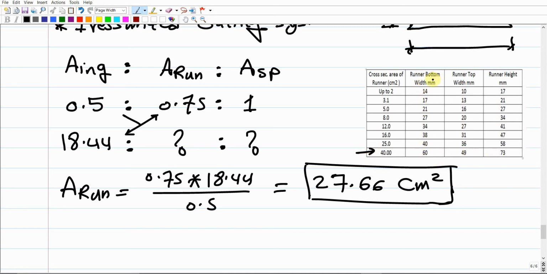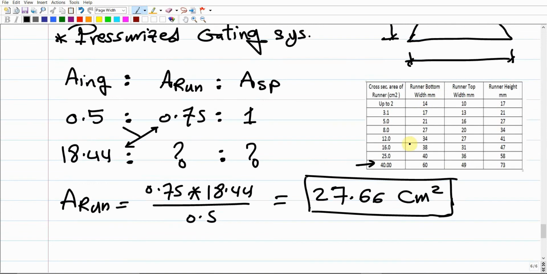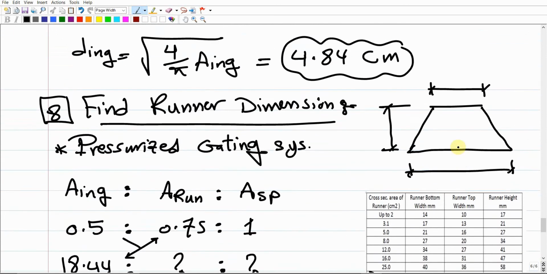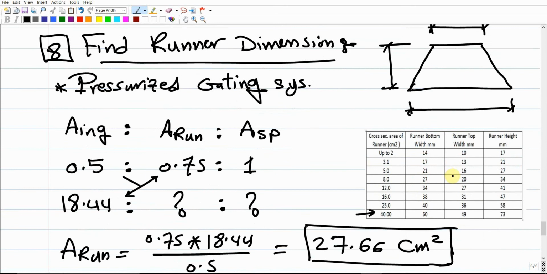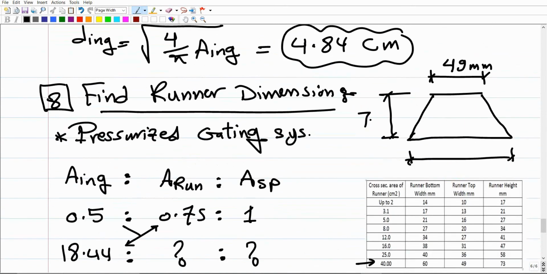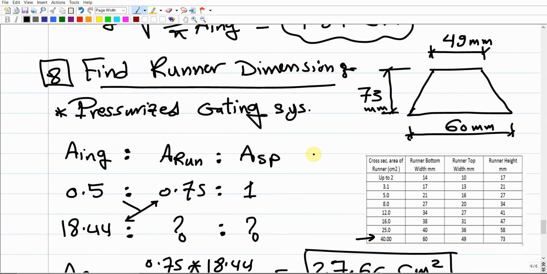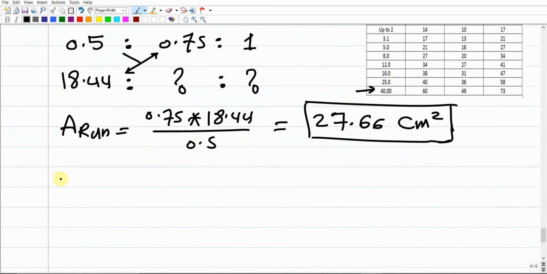This should be the runner bottom width, which is 60, the runner height, which is 73, and the top width, which should be lower, 49. So we're going to have 49 millimeter on the top. You should understand that these units are in millimeters, and the bottom width is 60 and the height is 73. So these are the dimensions of the runner, and that's it for this step.